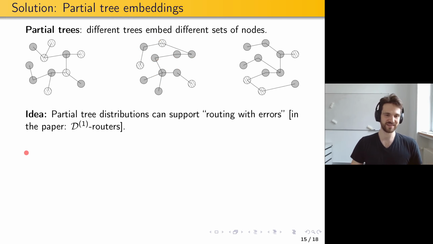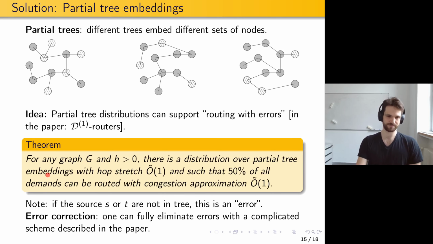So the idea is that you use these partial trees. And now I claim that the partial tree distribution can support so-called rounding with errors. What does this mean?